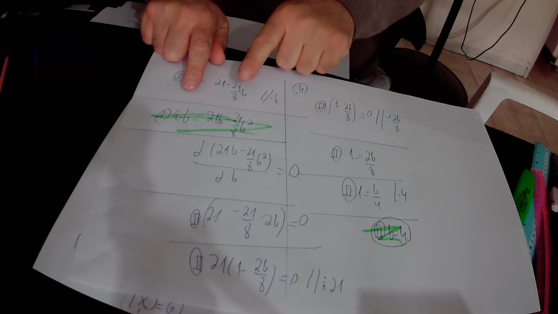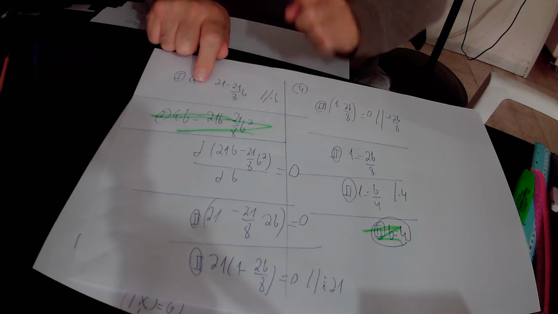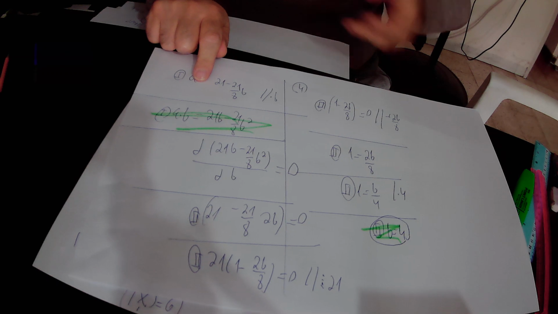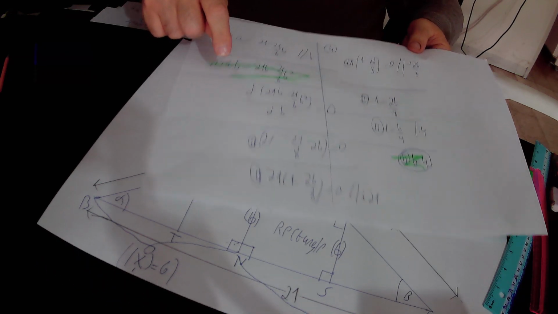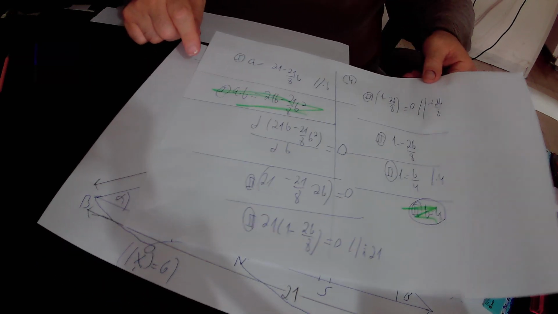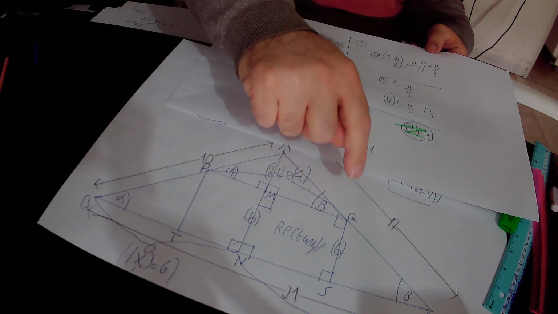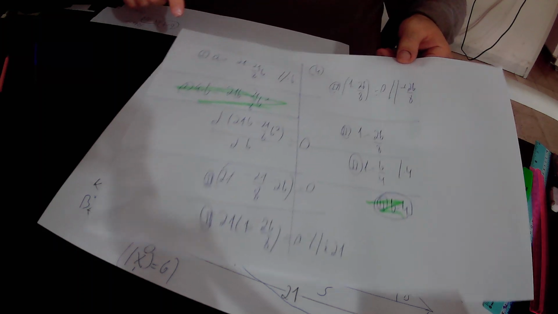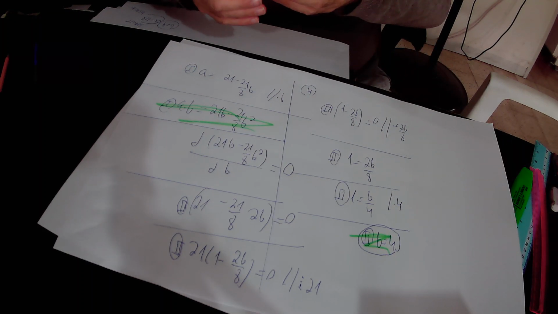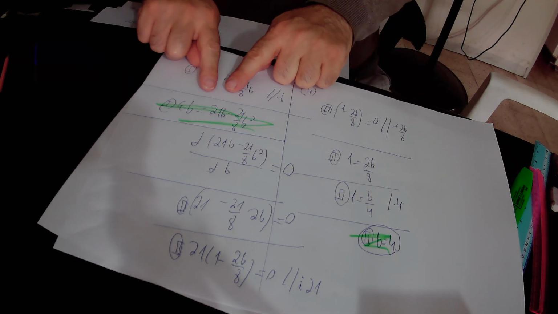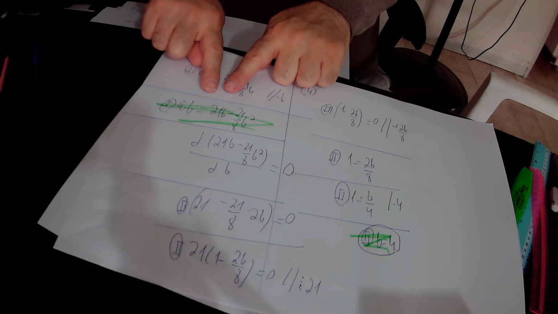The area depends on the value of B. By determining the value of B, we determine the area. Again, our mission is to find the maximum area of this rectangle PQST, or in other words, the maximum value that this area function can get.